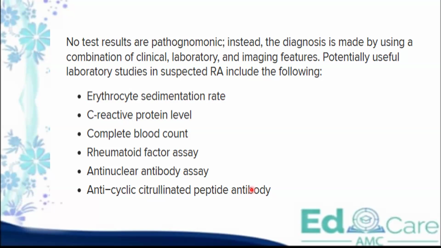You need to combine your clinical, lab, and imaging features to come to a diagnosis. Like I said, from the table, we gather ESR, CRP, rheumatoid factor, and anti-CCP. Other things you can do are a full blood count to look for anemia, and anti-nuclear antibody to exclude other associated autoimmune diseases, right?